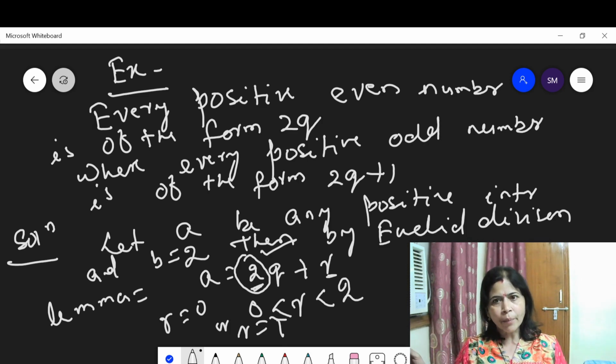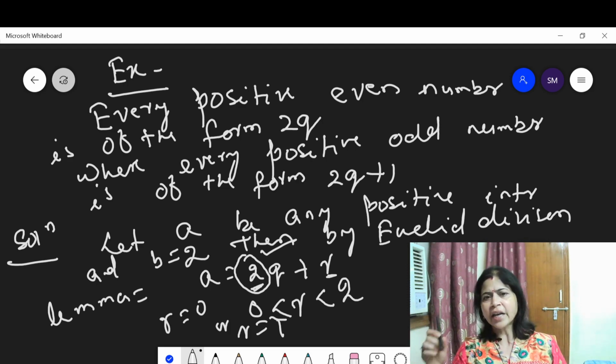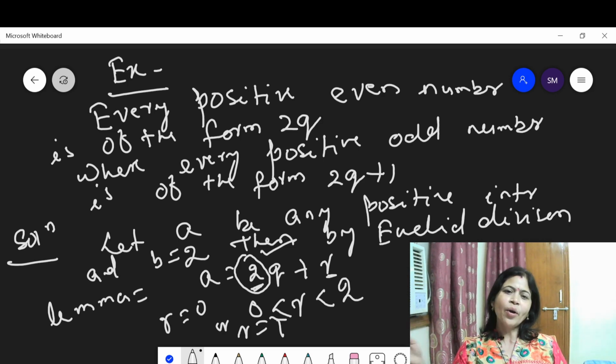Any positive integer can be represented in the form a is equal to 2q plus r, where a is the positive integer and here we take b equal to 2, the divisor. When a number is divided by 2, it can be represented as a is equal to 2q plus r, where q is the quotient and r is the remainder.